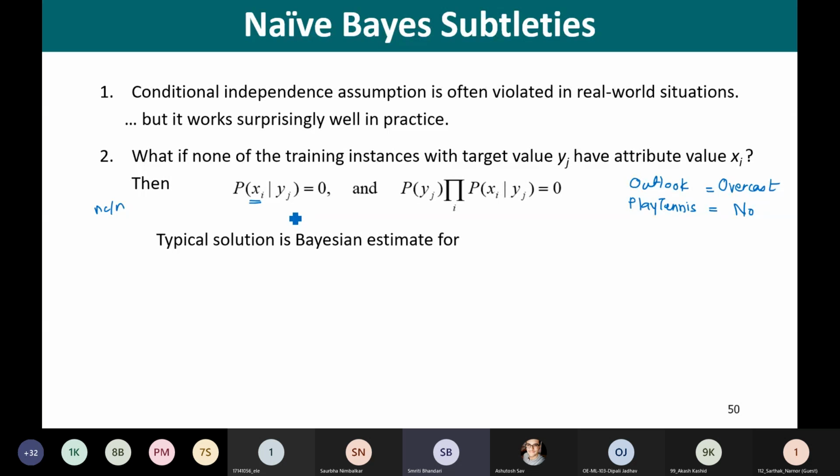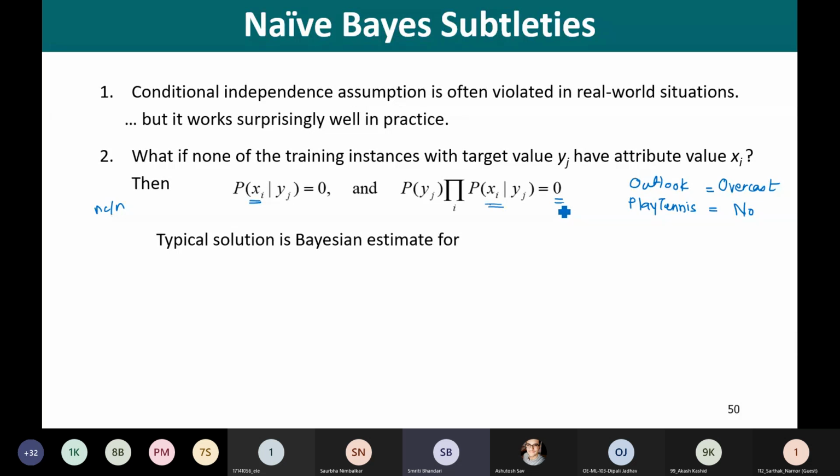The reason is that the quantity that we are calculating by Naive Bayes classifier equation requires multiplication of all the probabilities, right? And if one of the probability values is 0, then obviously this value dominates the result and this entire quantity becomes 0.